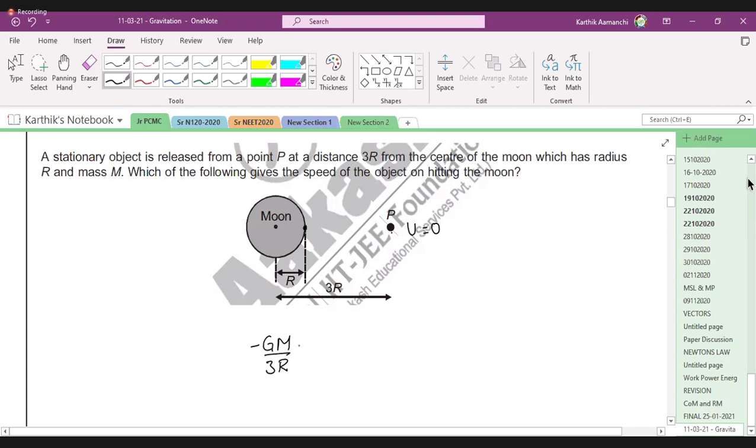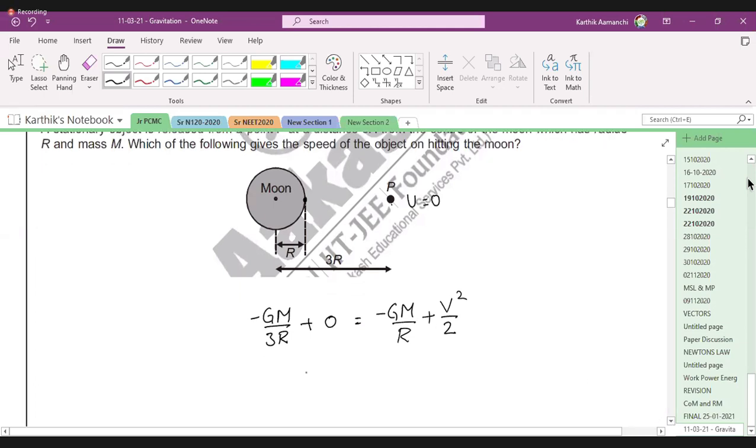I'm taking this potential because I'll take kinetic energy per unit mass, right? Plus 0 is equal to minus GM divided by R plus v square by 2, isn't it? Yes, sir. The answer is 4 under root of 4GM by 3R.